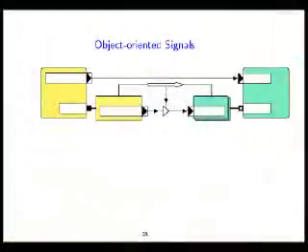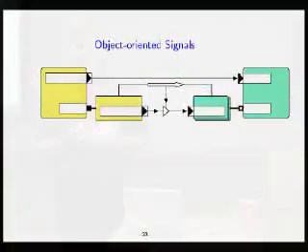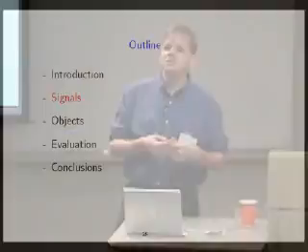So the unique contribution in our language is that we are applying object-oriented abstractions. We're combining signal abstractions with object abstractions to get object-oriented signals. And basically, we have a way of expressing in circuits how you express connections by type between two objects, as opposed to expressing connections individually.